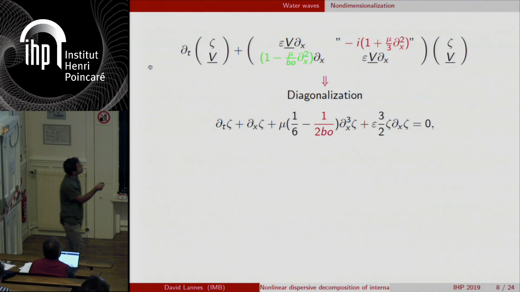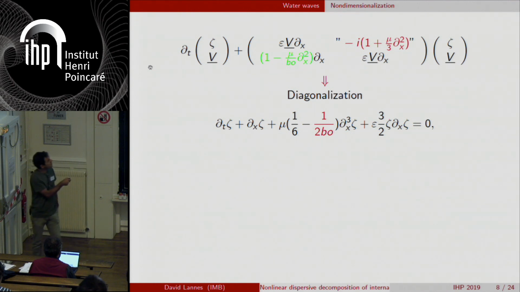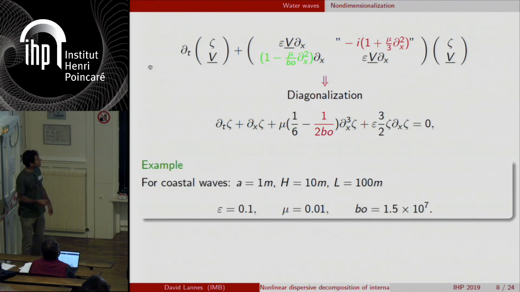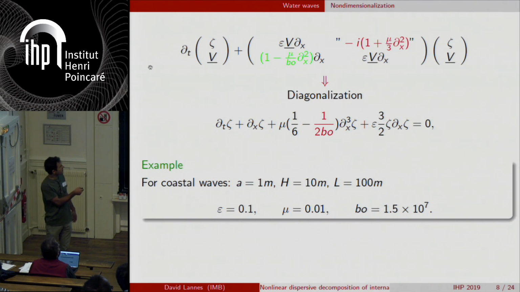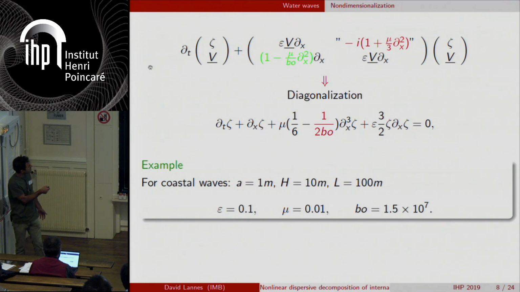And then if we look at the influence of the bond number, you see that you have to compare it to 1/6 here. If you look at typical values for coastal waves, where you have an amplitude of 1 meter, a depth of, say, 10 meters, wavelengths of 100 meters, then you see that the nonlinearity parameter is 0.1, mu, the shallowness, is 0.01, and this bond number is 10 to the 7.